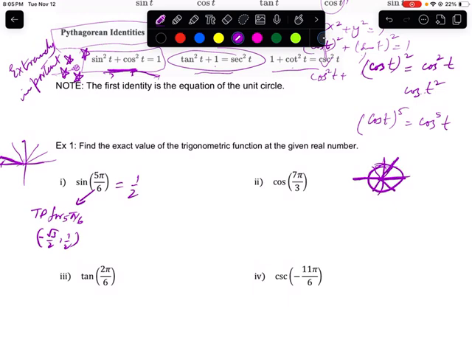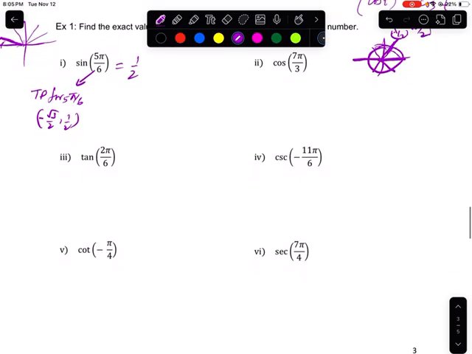Okay, so this is 7 pi over 3. What are the coordinates here? 1/2 comma square root of 3 over 2. So the reference angle will be this one, which is pi over 3. So we have the same coordinates TP for that, and so cosine of 7 pi over 3 will be the x value, which will be equal to 1/2.